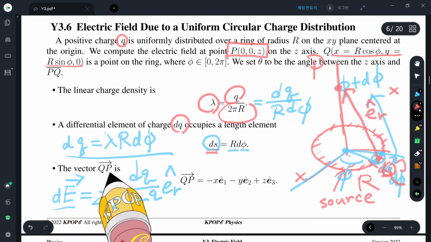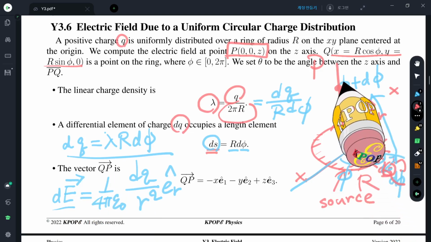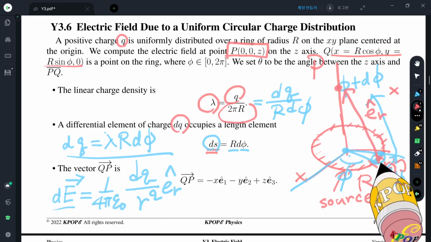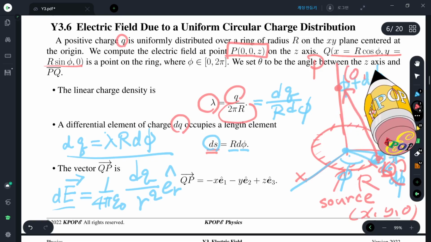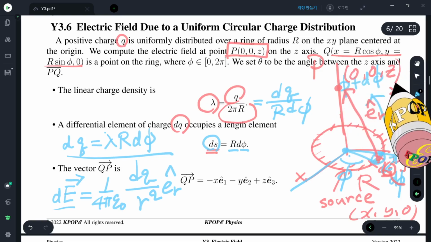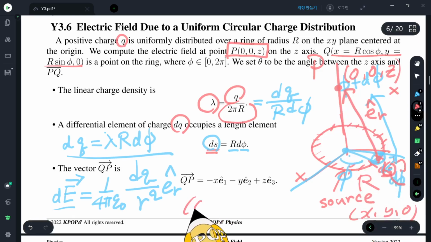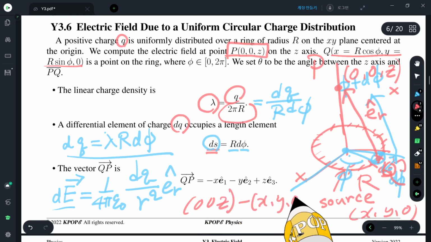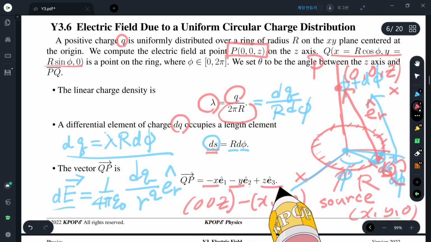The vector from Q to P: the source point is (x, y, 0), and the field point is (0, 0, z). From Q to P, that is (0, 0, z) subtracted by (x, y, 0). Therefore, we have minus x e1 minus y e2 plus z e3.